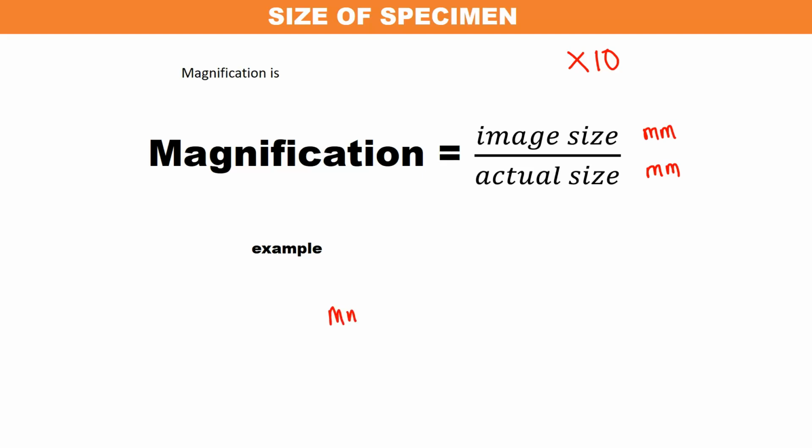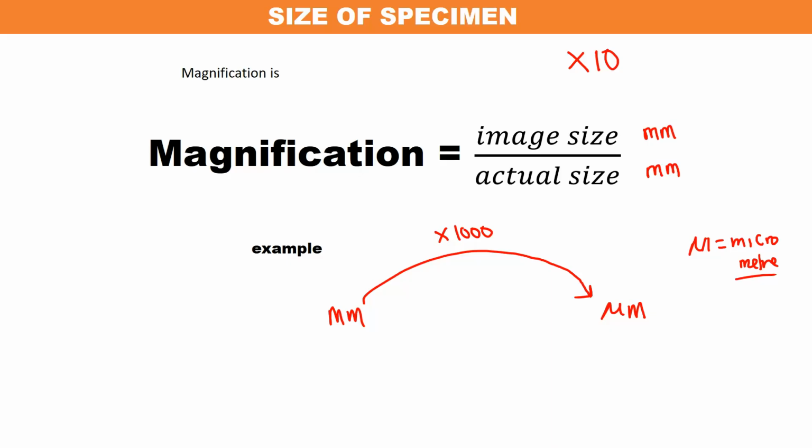Now, let us look at the simple conversion. If you find a symbol like this, it represents micro, so this represents micrometer. Millimeter is bigger than micrometer. So when you are moving from millimeter to micrometer, you multiply by 1,000.